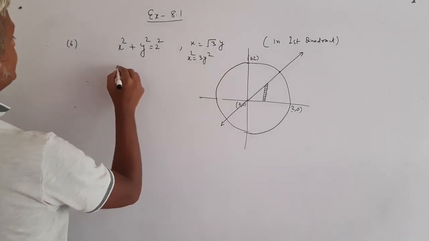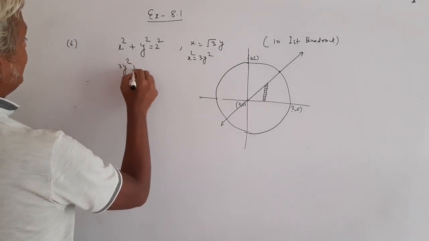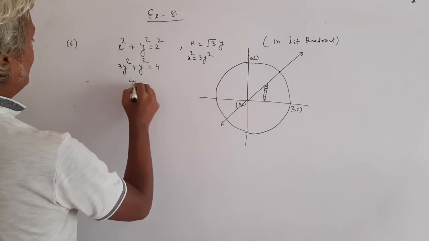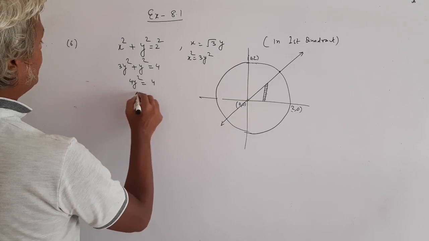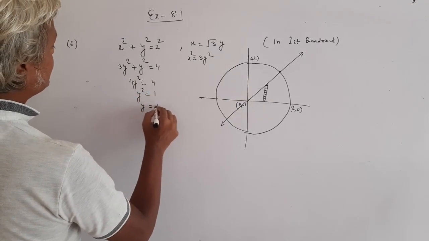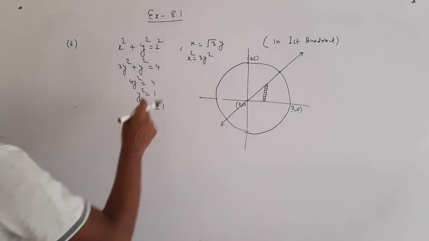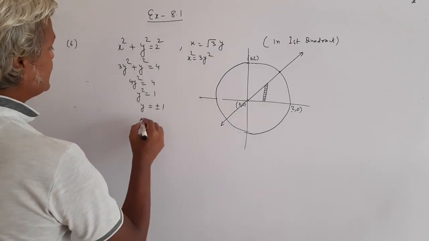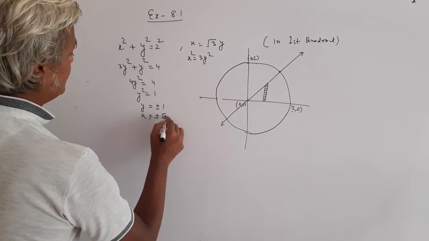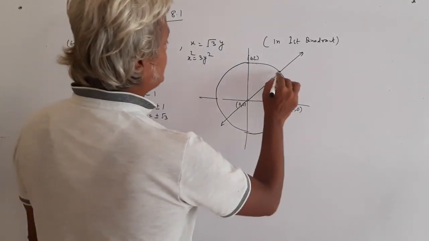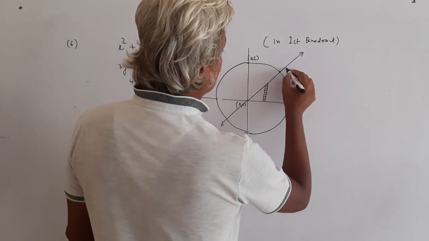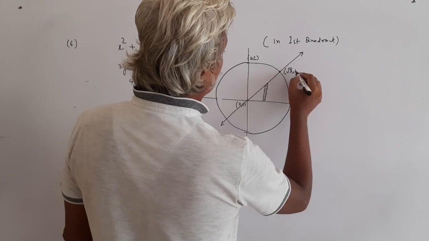Put this value here, so 3 y square plus y square is 4, 4 y square is 4, y square is 1. Therefore y equals plus minus 1 and x will be plus minus root 3. Since we are in the first quadrant, we adopt positive values of x and y, so this coordinate will be root 3 comma 1.